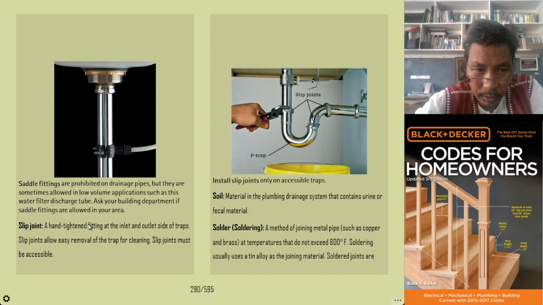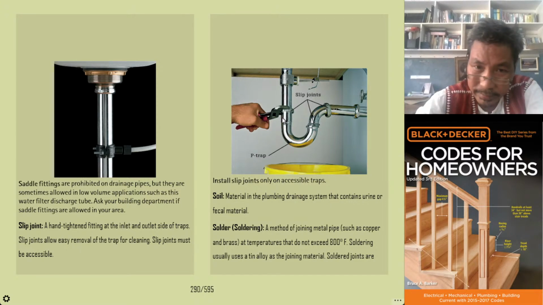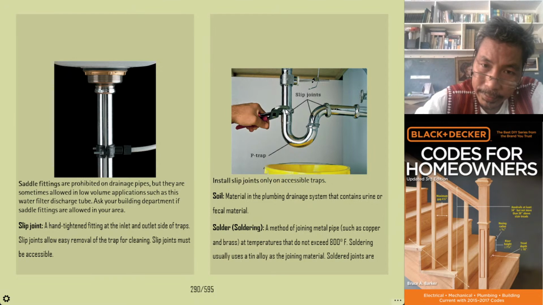So slip joint. What do you mean by slip joint? A hand-tightened fitting at the inlet and outlet side of traps, that is what we call a slip joint. A hand can tighten that fitting, but actually we are using tools, to stabilize this connection.